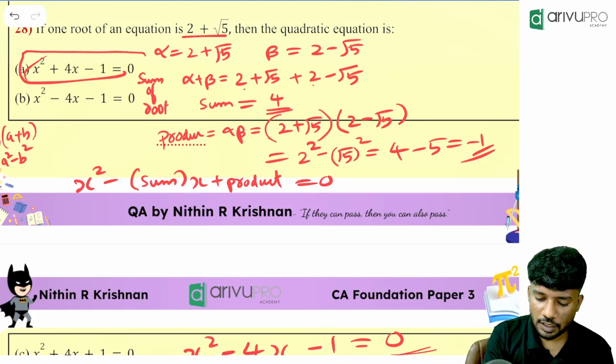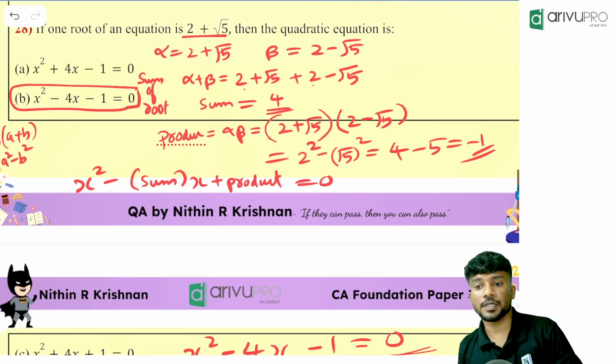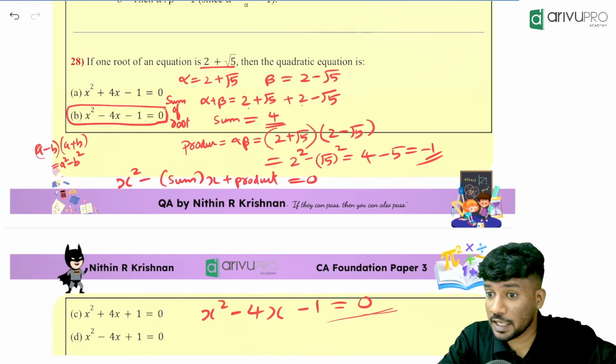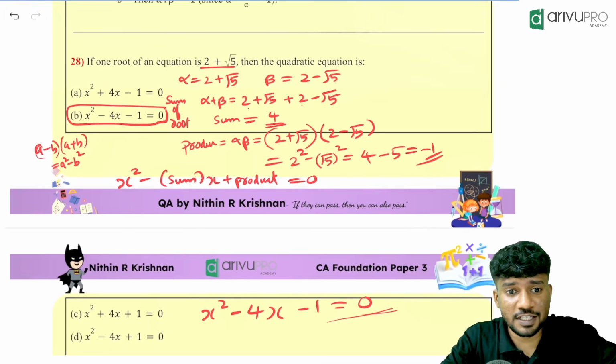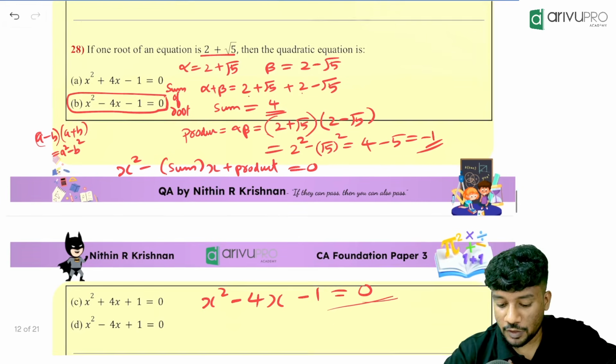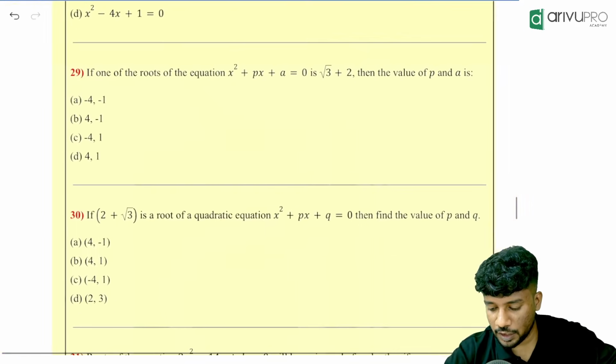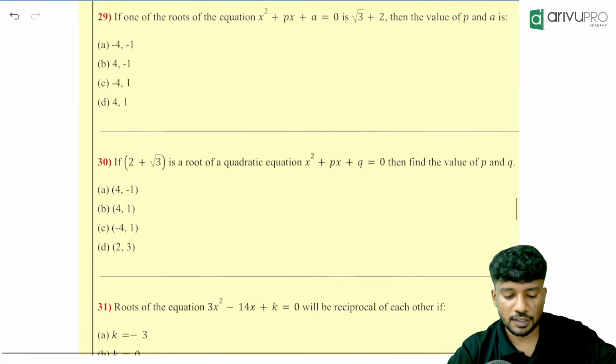Option A? Nope. Option B? Yes. Option B is the answer. Understood the meaning? How to get the answer? Everyone understood, right? Very easy. Just take the product of the roots and the sum of the roots. Very conceptual question if you ask me. Solve this meanwhile. Then I will do the explanation part of the other one.